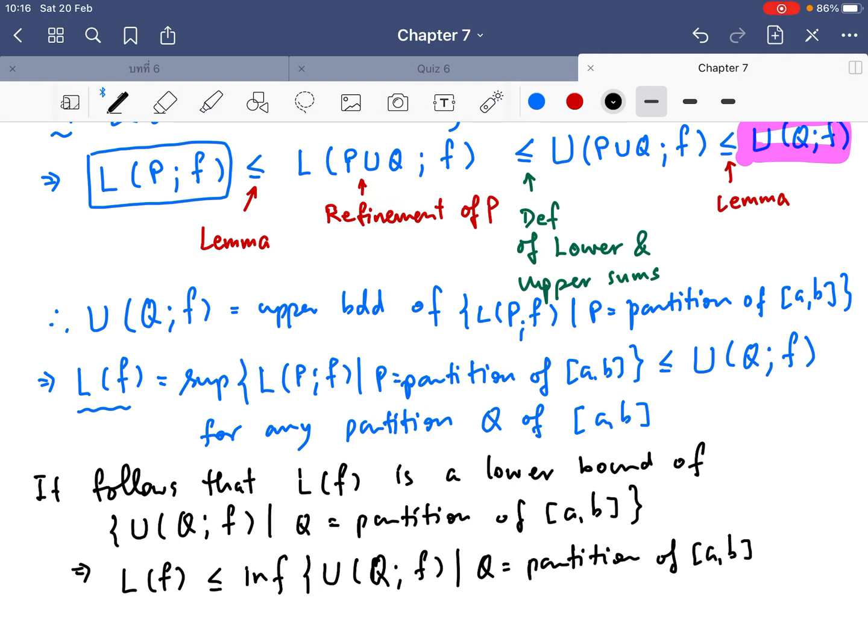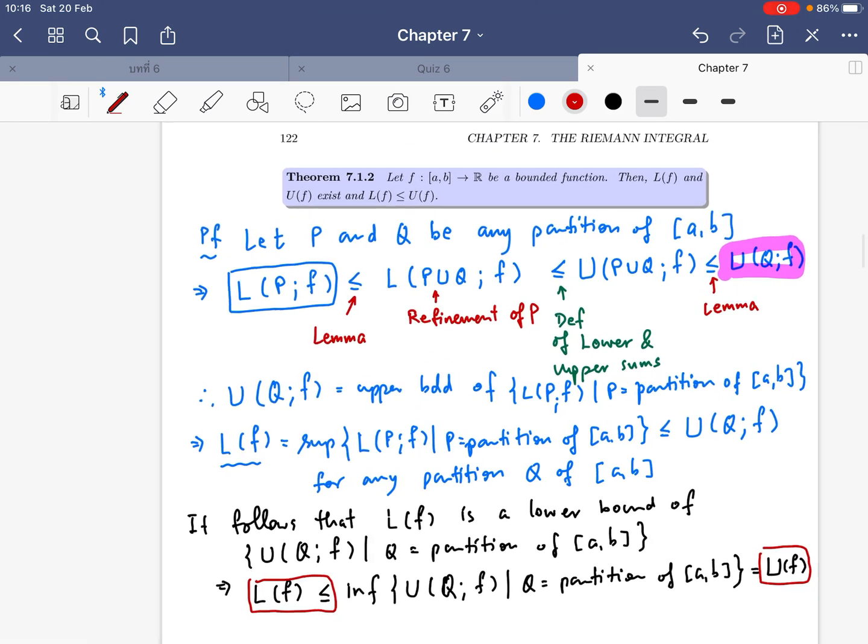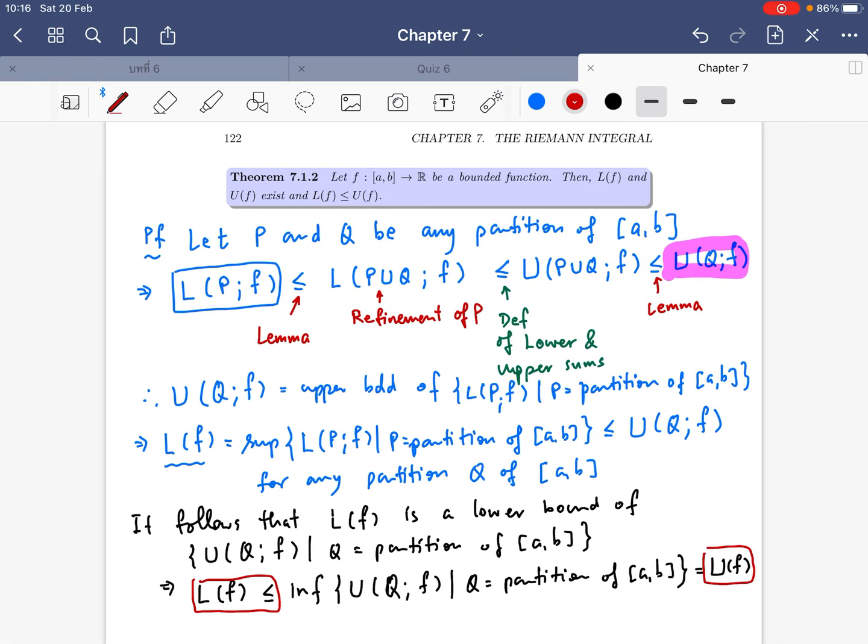But this infimum is the upper integral. So we got the inequality that we need: your lower integral will be less than or equal to the upper integral, and both of them exist. All right.